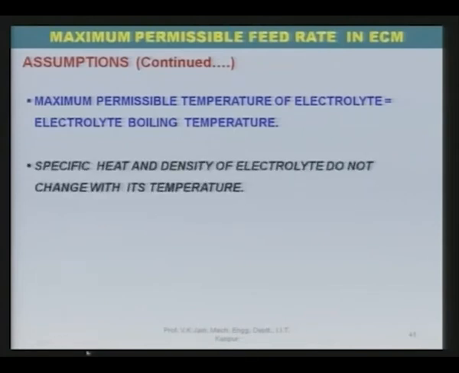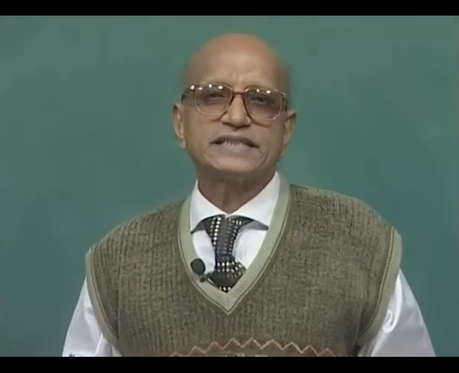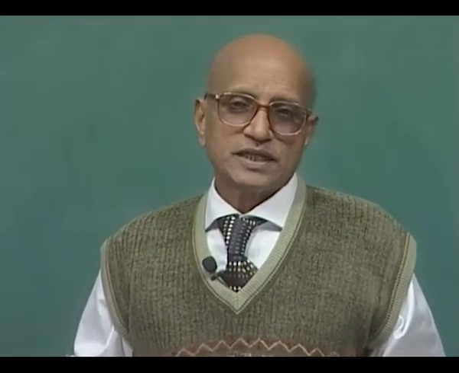Specific heat and density of electrolyte do not change with its temperature. Electrolyte temperature is going to change from room temperature to say 90 degrees centigrade or so, and room temperature varies from say 5 to 10 degrees centigrade in winter to 45 degrees centigrade or more in summer. So, there is a large variation, and above this the temperature can further go up during the ohmic heating, and it may be as high as 90 degrees centigrade or so.